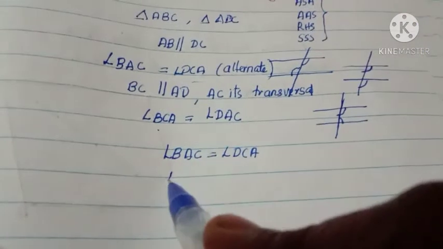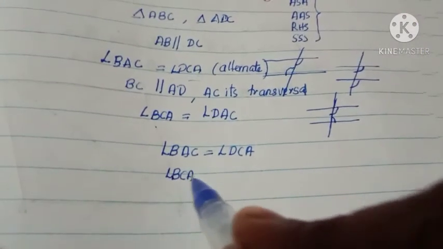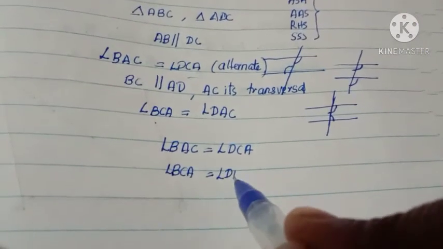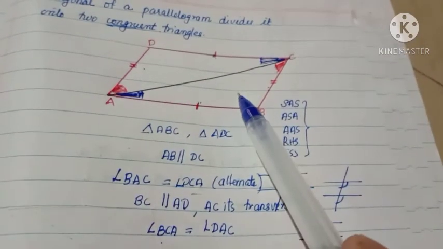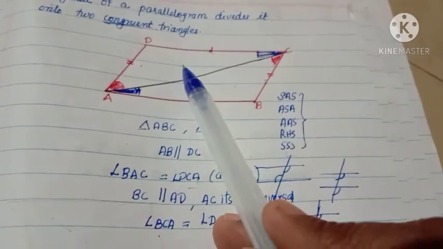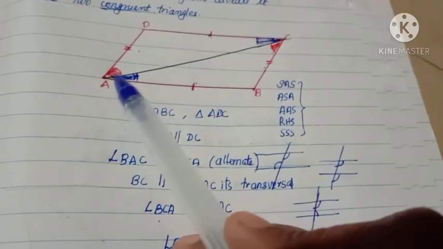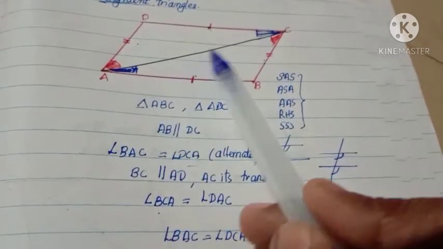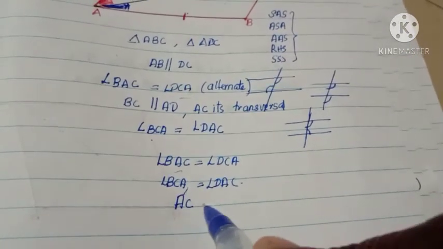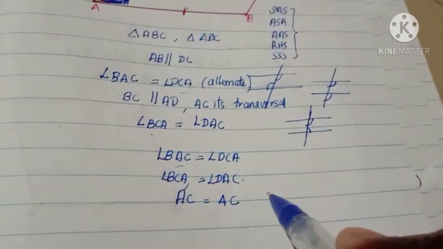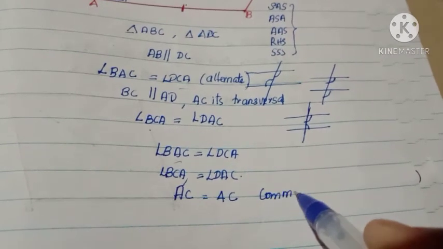The second is angle BCA equals angle DAC. Now listen, in triangles ABC and ADC, what about AC? The AC side is common. So we can write AC equals AC. That is the common side.